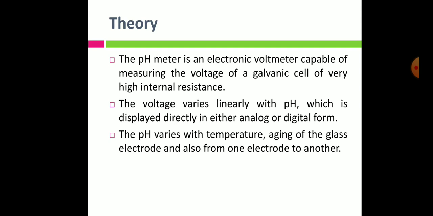Now the voltage of this galvanic cell is directly related with the pH, and the meter can convert that voltage into pH, which we are going to read out through the display. This pH value varies with temperature, so we have to set the room temperature also on this pH meter.